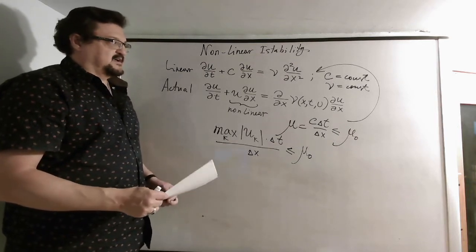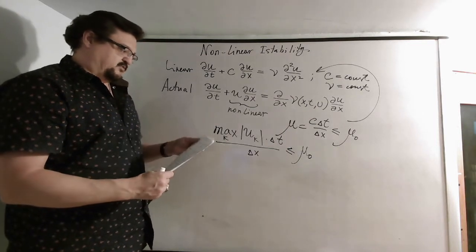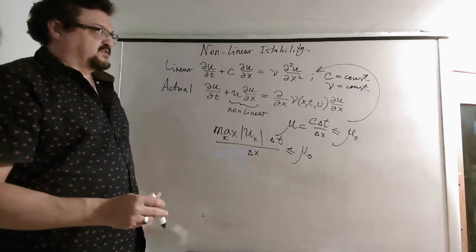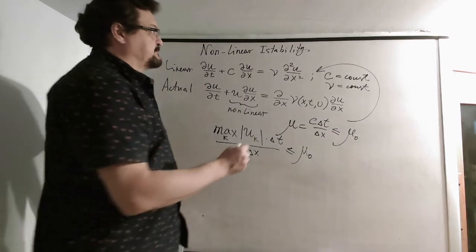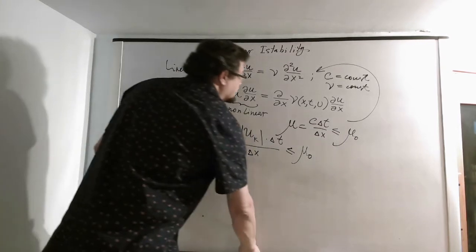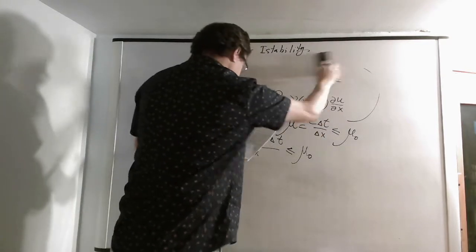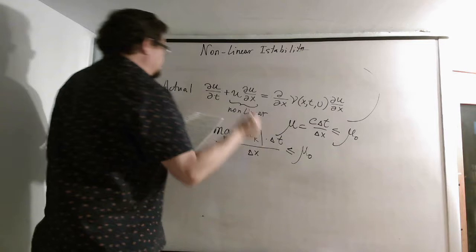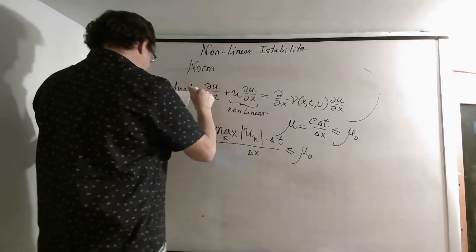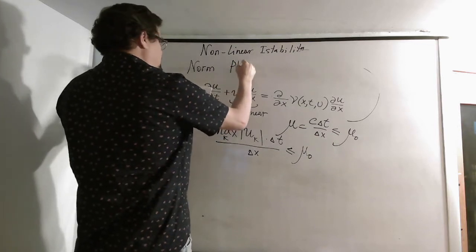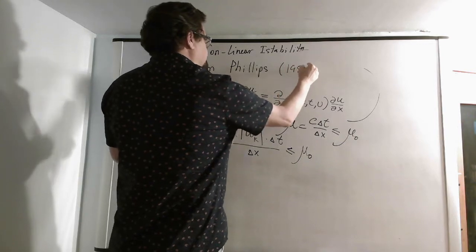Unfortunately, as was discovered a long time ago by a meteorologist, one of the first modelers in our field, by the name of Norm Phillips, in 1959.